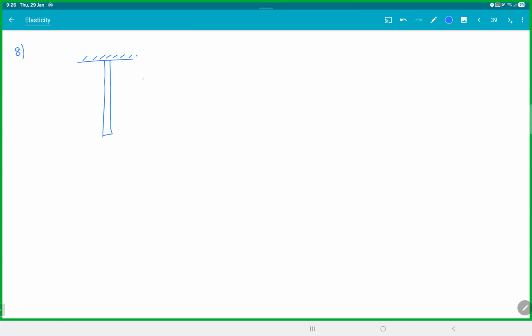So we have a rod hanging here. Mass M, length L, area A, Y, gravity is there. Find the ratio of energy stored in the upper half and the lower half.